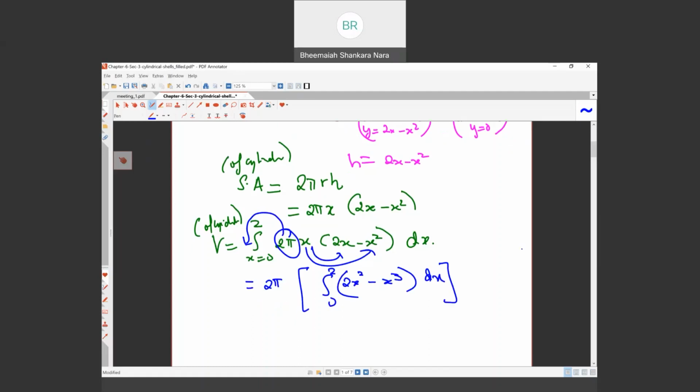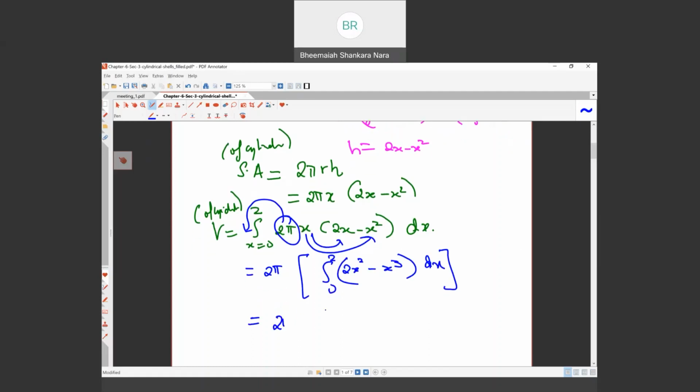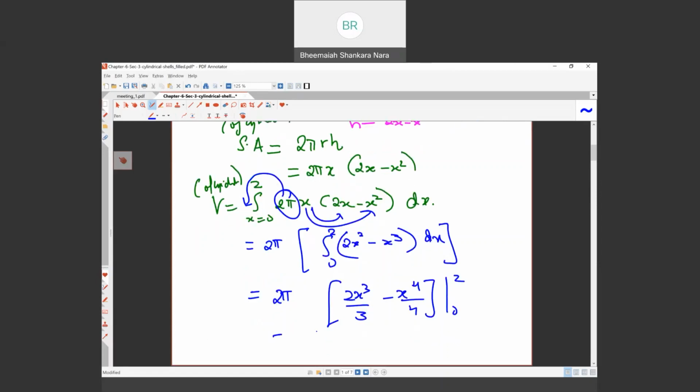And this is 2 pi times the integral of 2x cubed divided by 3 minus x to the 4 divided by 4, evaluated from 0 to 2. Plug in the upper limit, lower limit, simplify, and you should get 8 pi over 3.